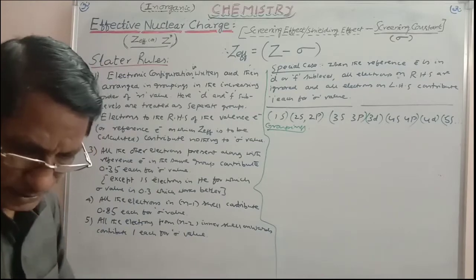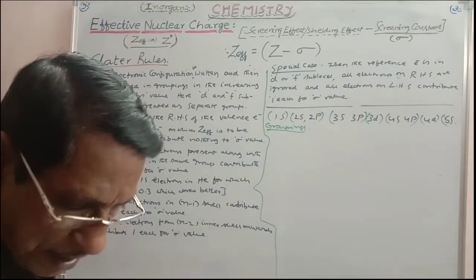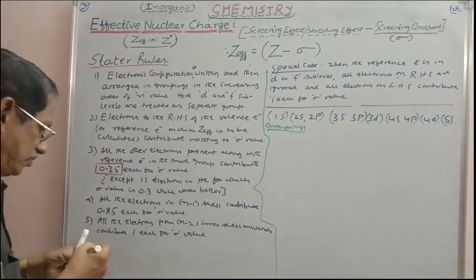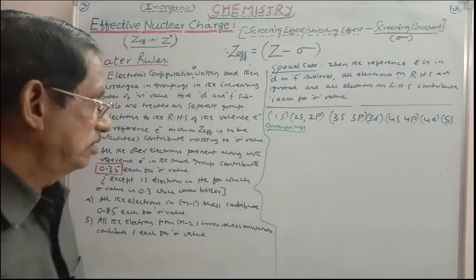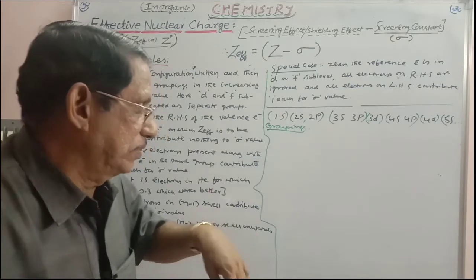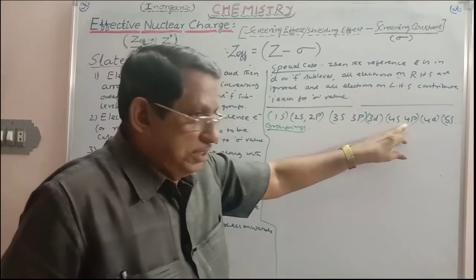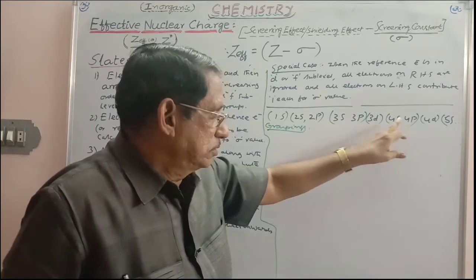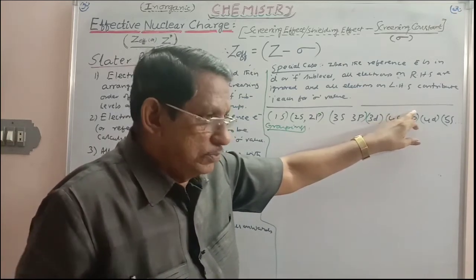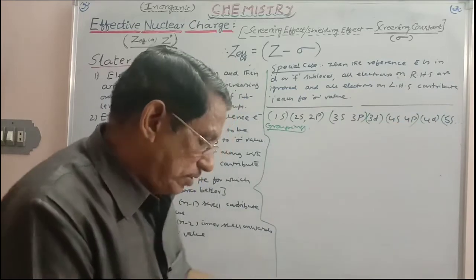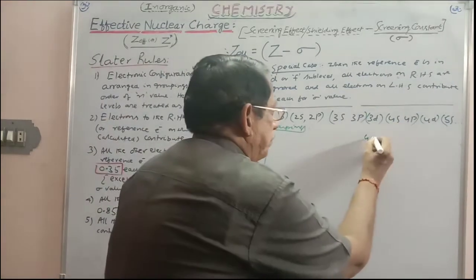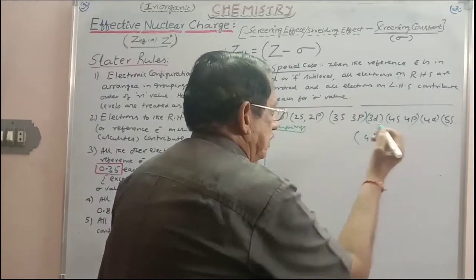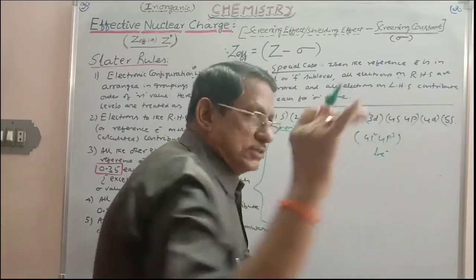This is more important. Now we are assigning values. We are assigning the value 0.35 for that electron. What is that electron? Suppose I am taking an electron from 4s2 4p3... the group 4s2 4p3. When you are taking 4s2 4p3, this is the one group, and you have to take one electron here on which the shielding effect is to be calculated.